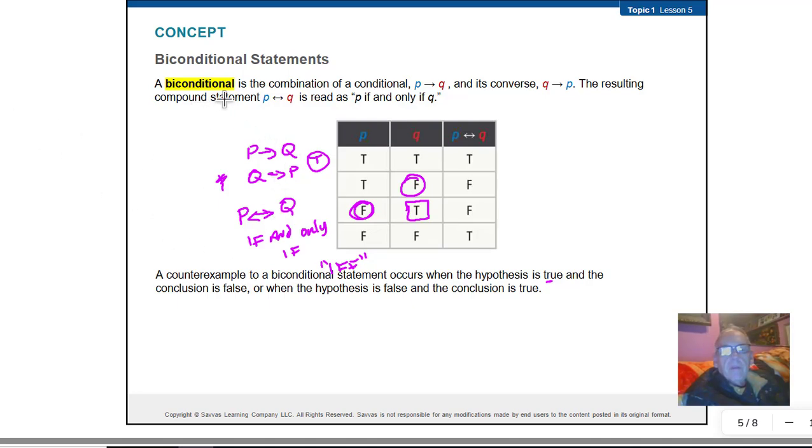Generally, though, you can only write a biconditional if it's a true statement. So if you see a biconditional form, if and only if, you're being told it's a true statement. Okay, let's move on.